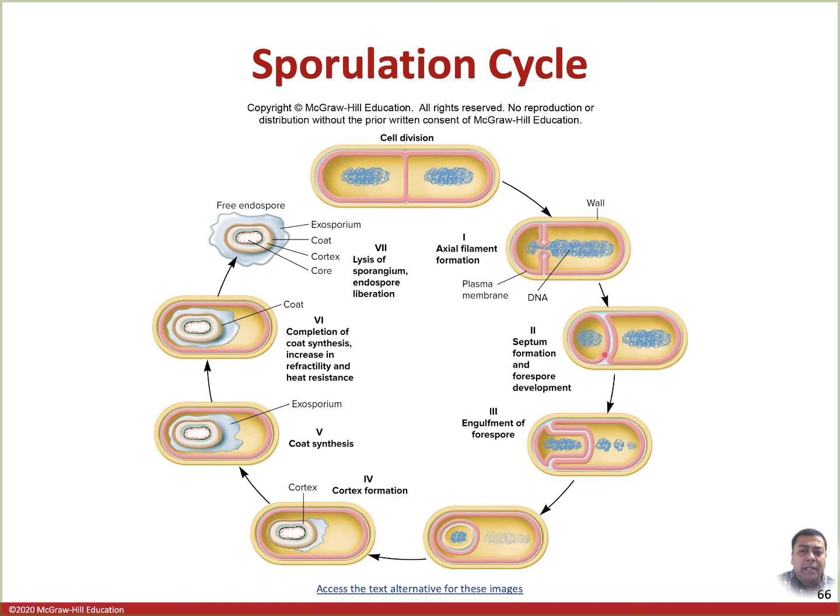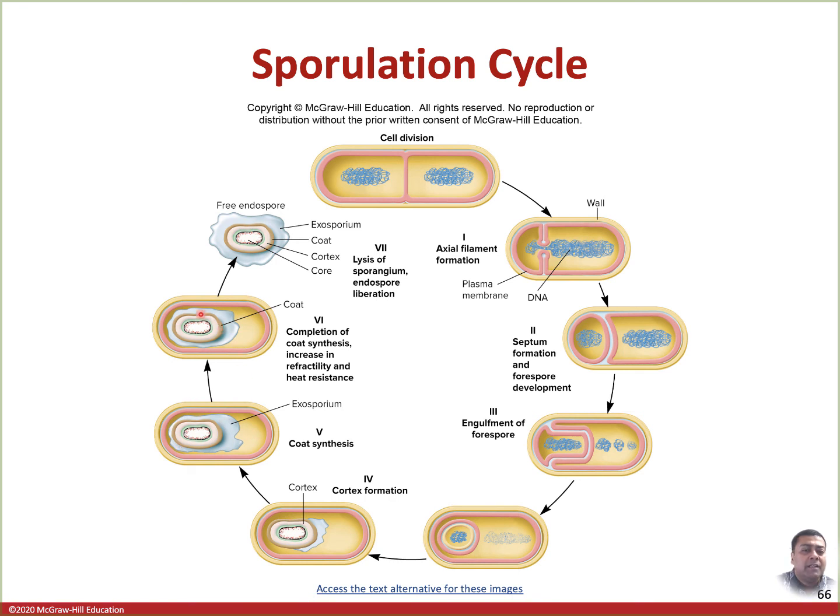After this axial filament formation, a septum separates. This is called the forespore, and this is the vegetative cell. Now the vegetative cell engulfs the forespore, and the forespore is now inside the vegetative cell. In this condition, the nucleoid of the vegetative cell is destroyed, and there are enough enzymes which help the formation of the cortex, and it also secretes the exosporium.